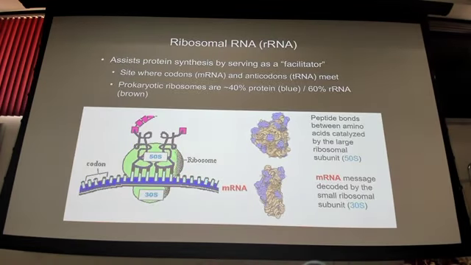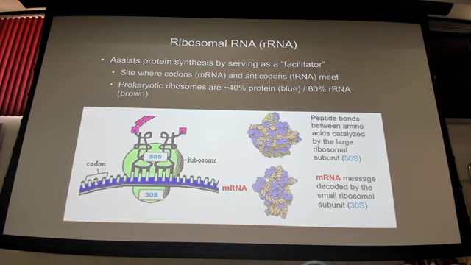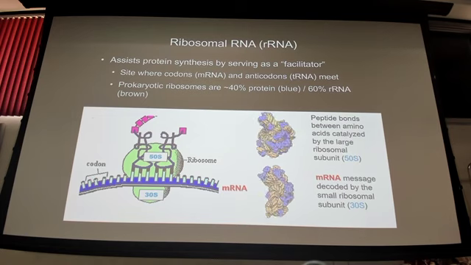Okay, last flavor of RNA that we're talking about is the ribosomal RNA, the rRNA. And this is going to be the portion of the ribosome itself that does a lot of the recognition, the site where the codons and anticodons are meeting. With prokaryotes, these ribosomes are made up of majority ribosomal RNA, about 60%, about 40% protein.